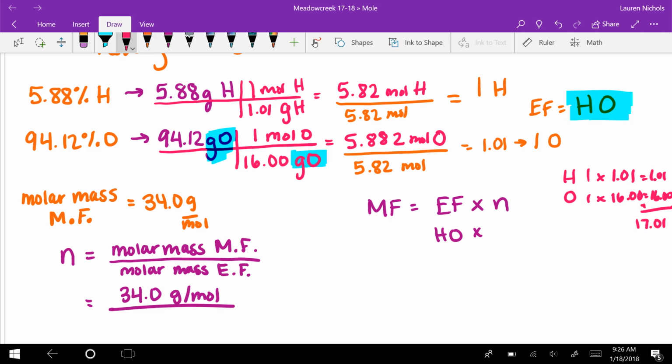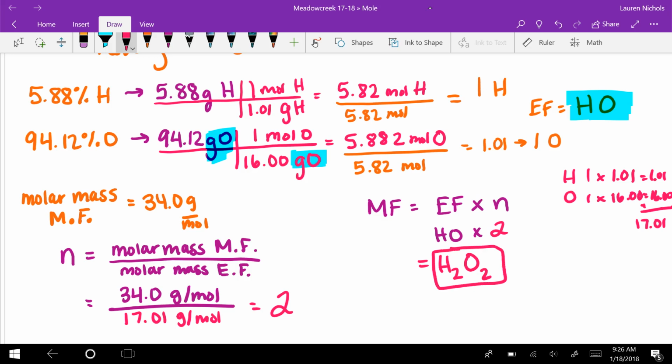So our molar mass of our empirical formula is 17.01 grams per mole. And when I divide these two, I'm going to get 2. So it's a ratio of 2. I'll multiply hydrogen and oxygen by 2, and that will give me H2O2 as my final answer.